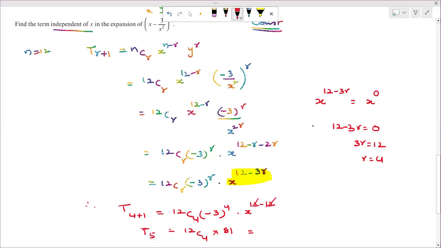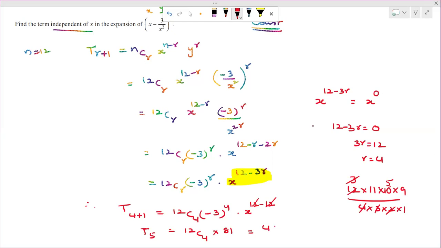So how much is 12C4 simplified? 12 into 11 into 10 into 9 over 1, 2, 3, 4. Okay, now here 4, 3, 2, 1. So 4 times 1, 4 times 3; 3, 3 get cancelled. 2 times 1, 2 times 5. Now 55 into 9, how much? 495.